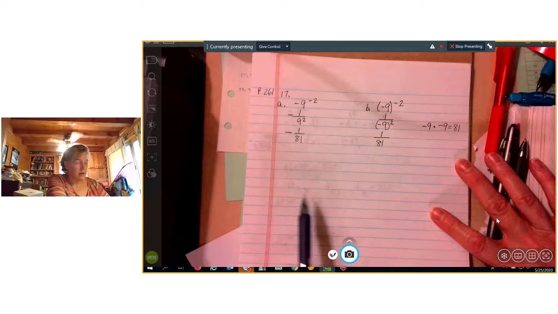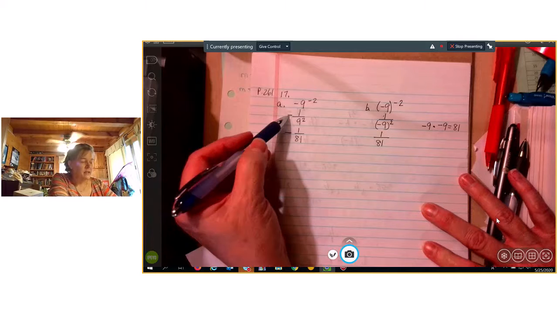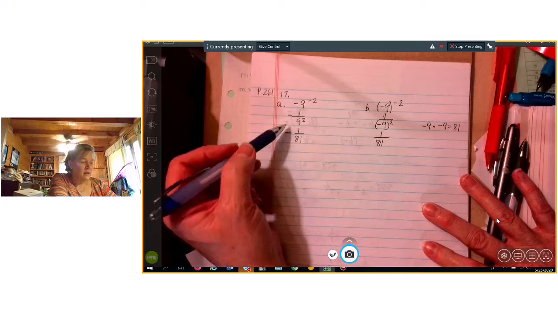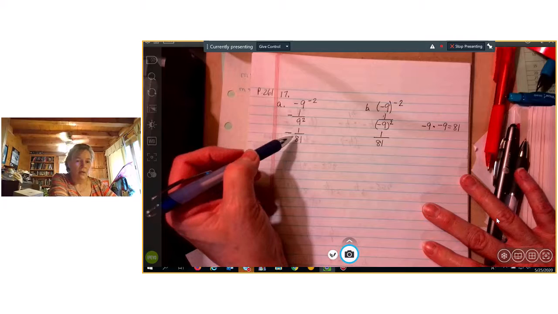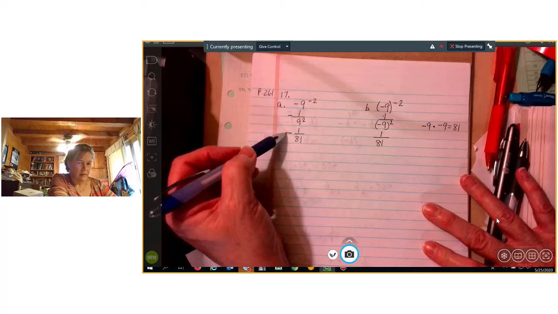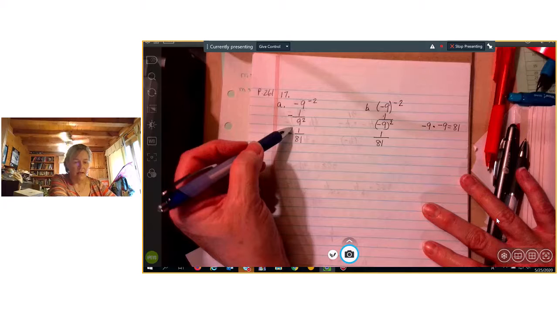So you can see the difference. Notice here that even though I didn't put the negative down here with the 9, it's still here. Whether the negative is in the numerator or the denominator, it still makes the whole fraction negative. The only time I would get rid of the negative here is if I had a negative over a negative, and then they would cancel out.